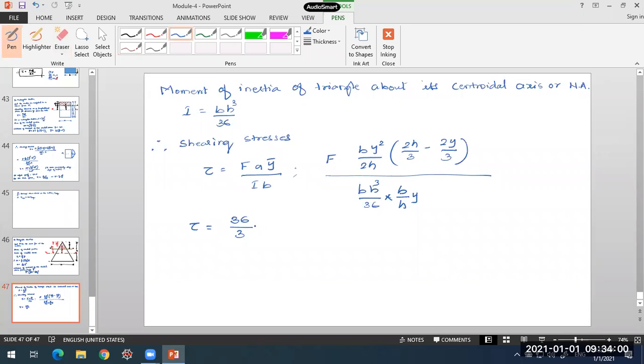If I take it out, I'll have 36 by 3 into F by b into h, into the y term, one y term on the numerator, into here it will be h minus y. Please tell me whether you get this much or not.